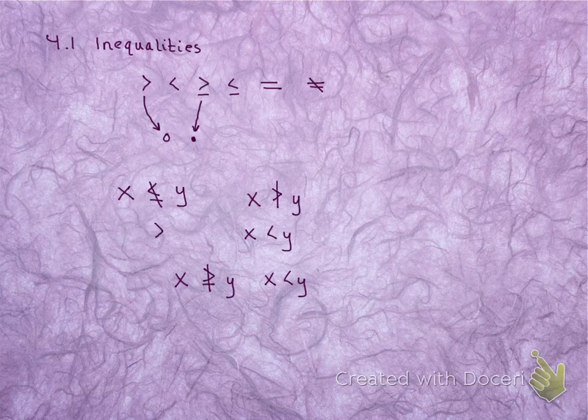A simpler case: to negate X is equal to Y, the negation of that, of course, is X is not equal to Y. Now, to be perfectly honest, I'm not exactly sure of the reasoning for needing to know the negation other than understanding the original inequality symbol.